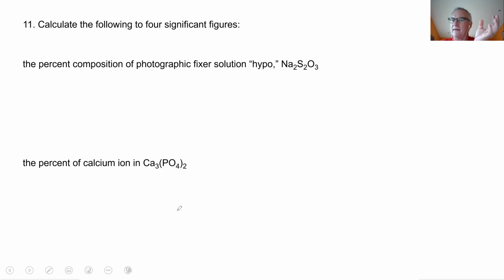All right, so anyone else with a question? Or want a little reminder of how to do some of these? Because some of these we haven't done for quite a while. I'm glad you asked about percent composition, because it's been a long time since we looked at that.